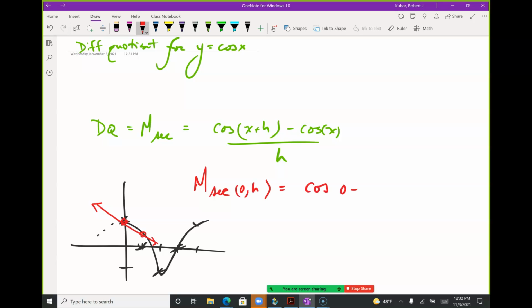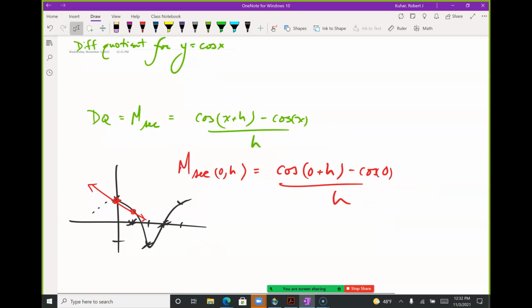Cos of 0 plus h minus cos of 0 all over h. And then what happens there? What simplifies?